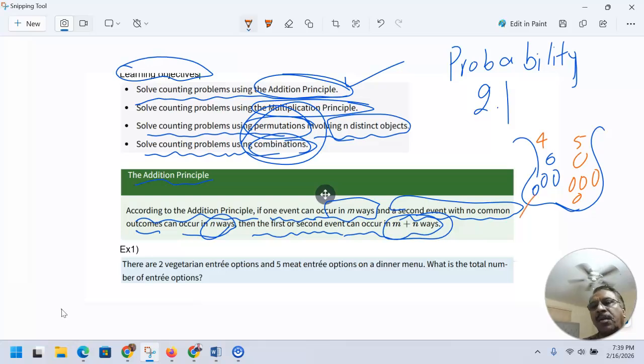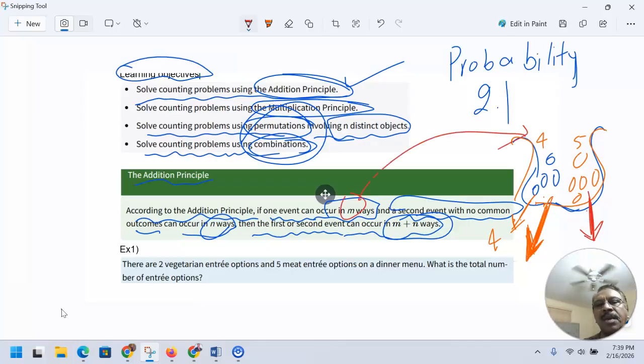So there are four blue marbles, so there are four possibilities when you pull out a marble. Let's say I want to pull out a marble from this bag. We have four chances to get a blue marble, and five chances to get a red.